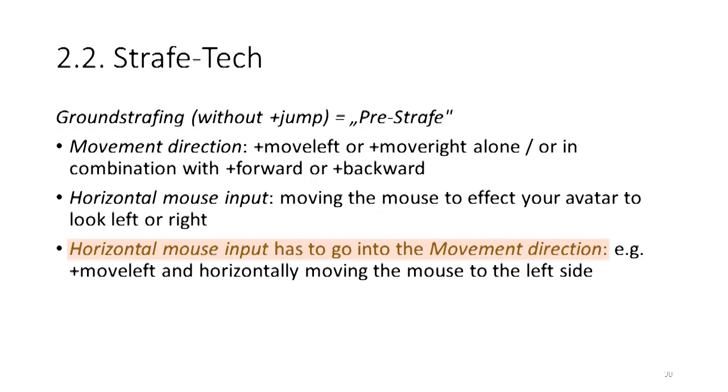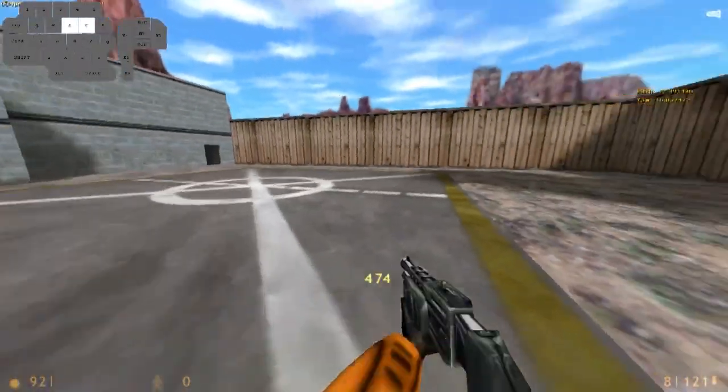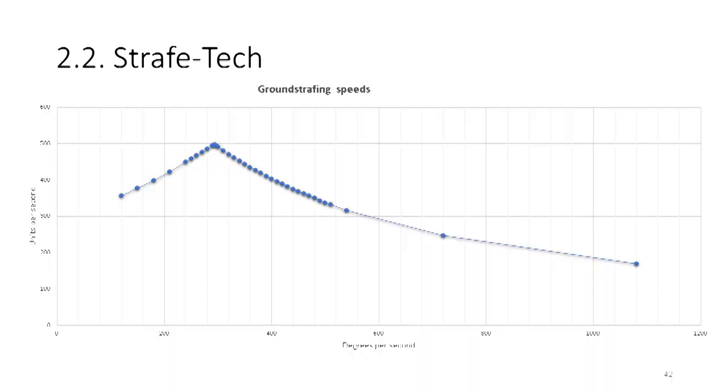When now looking at the concept of ground strafing again, it becomes clear why horizontal mouse input has to go into the movement direction, because it follows the pathway of the centrifugal force the player already has built up. Following some experiments on the combination of movement commands with horizontal mouse inputs in degrees per second, this graph shows their interdependency of maximum achievable speeds by ground strafing.